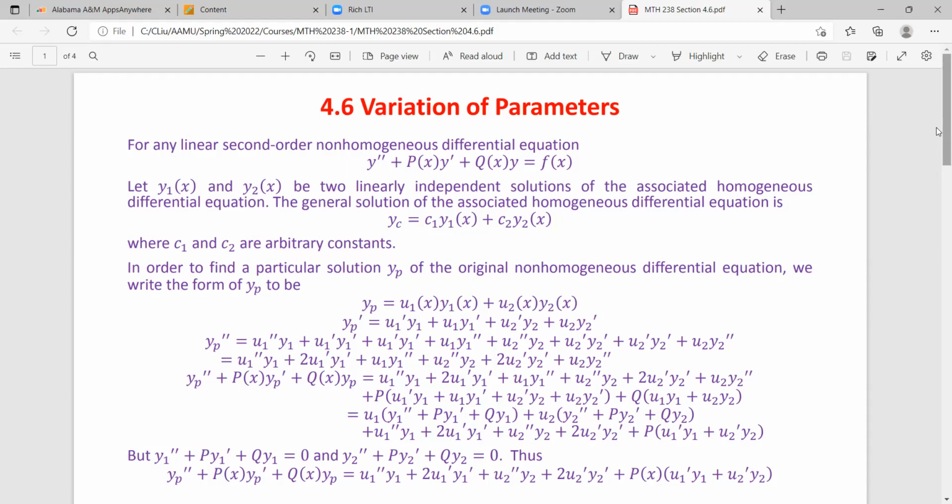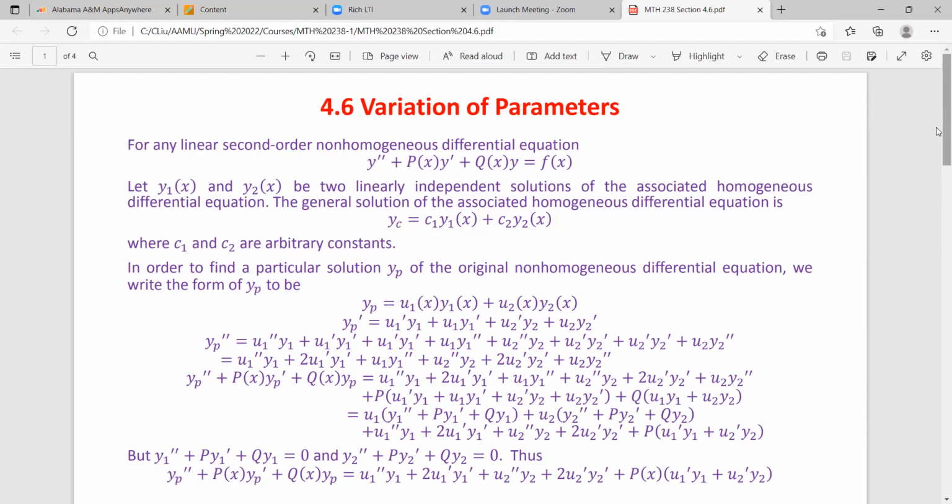So then we just plug this form of yp into the non-homogeneous differential equation, and then try to solve for u1 and u2. All right. I don't know who came up with this idea, but it turned out it works pretty well.